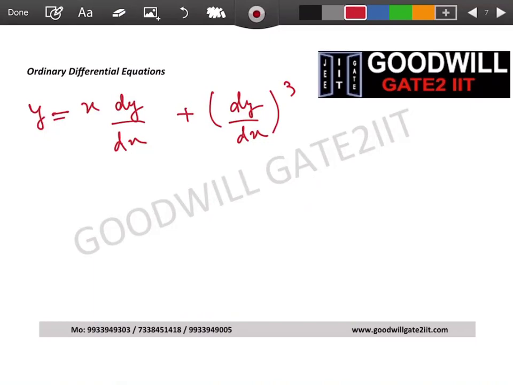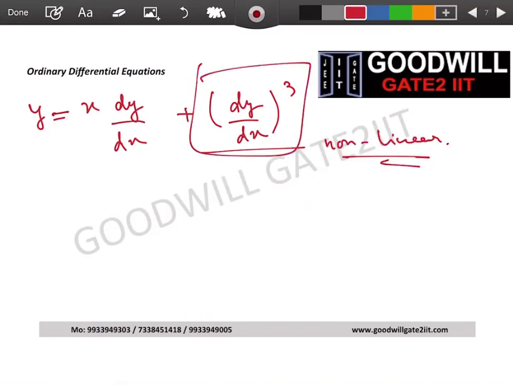Yes, this equation is non-linear because of the term dy by dx the whole cube, which means the derivative of the dependent variable is multiplied 3 times.